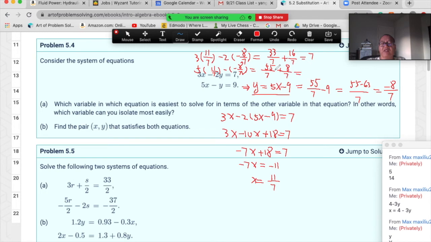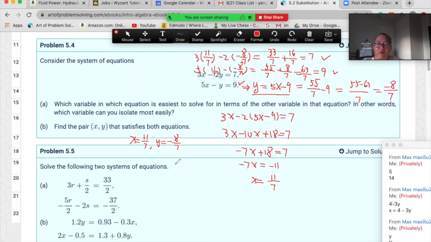That's 63 over 7. So this equals 9, right? So this one is also correct. That means the solution we got here is correct: x equals 11 over 7, y equals negative 8 over 7.